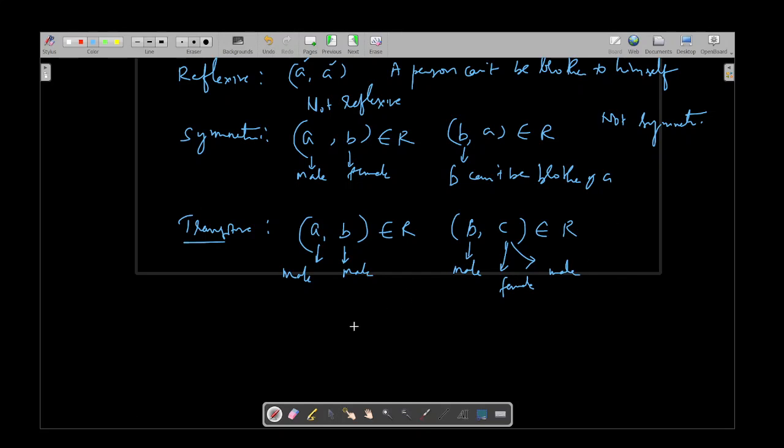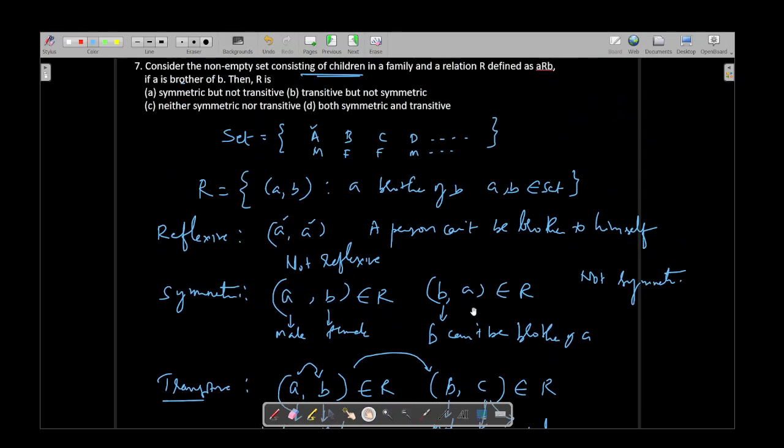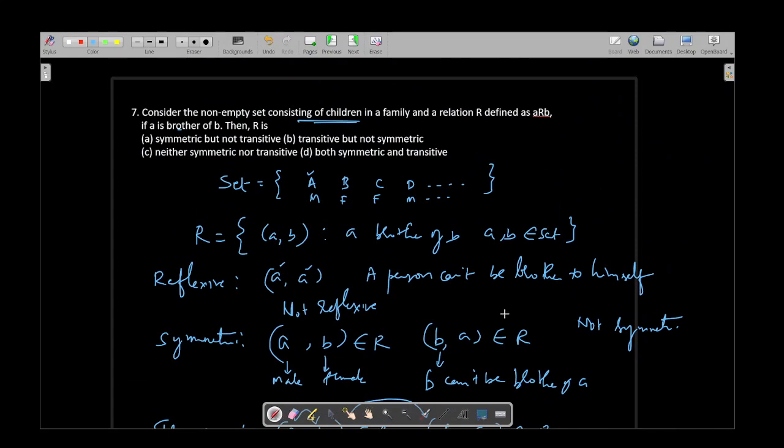Is (A, C) a member of R or not? It is a member of R because A is brother of B and B is brother of C, so A has to be brother of C, irrespective of the gender of C. Even if C is female or male, A should be brother of C. So it is clearly transitive. The relation is transitive but not symmetric.